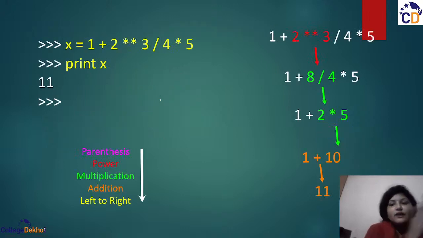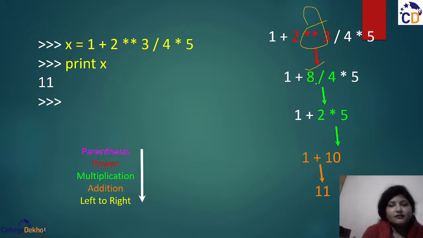Now let us see one example. This is given and you need to evaluate it. Let us see the steps of how it is going to be evaluated. 1 plus 2 into, so I told you, the first step talks about the power part. Here we have evaluated it as 8, right?